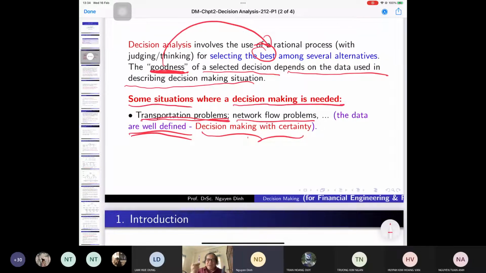Then they need to decide how many pens and how many calculators to produce in 1 week, so that the profit they receive is the highest, the maximum. In that case you need to make a decision, and the conditions are fixed. So we have decision making with certainty. That is the first situation.